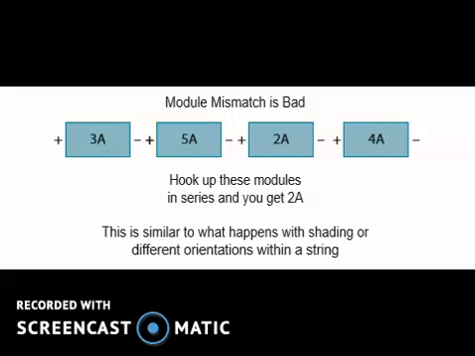Now, there is an important aspect here. When you have multiple strings producing electricity, and the solar panels are connected in series, the current will flow from one panel to another, and the overall current flow in a string will be dictated by the weakest performing module.